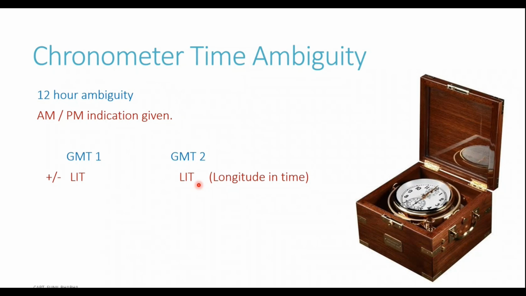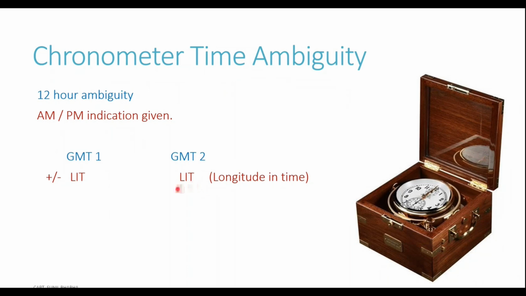So 360 degrees, one round completed in 24 hours. If you divide 360 by 24, you get this factor of 15. So in 1 hour, the Earth rotates by 15 degrees. So this is the factor which we have. Divide the longitude by 15 and you get the LIT.